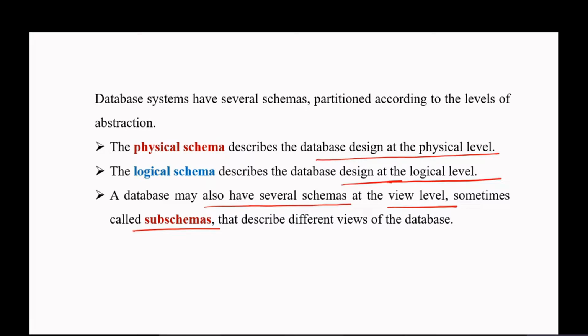So every time you are talking about the design at each and every level of the abstraction, that's why we are calling it a physical schema, logical schema and sub schemas.